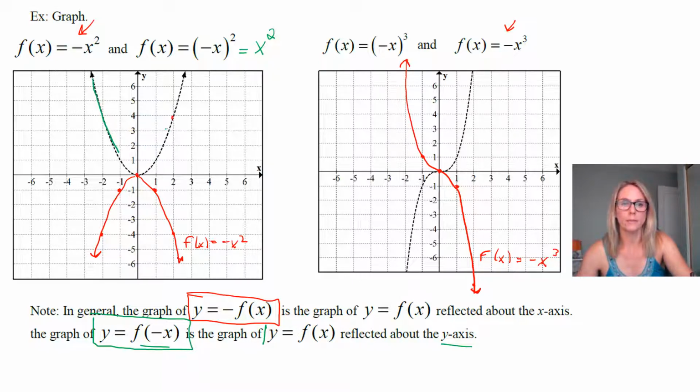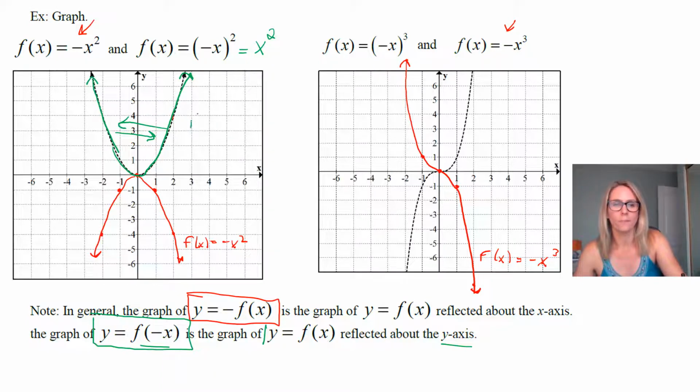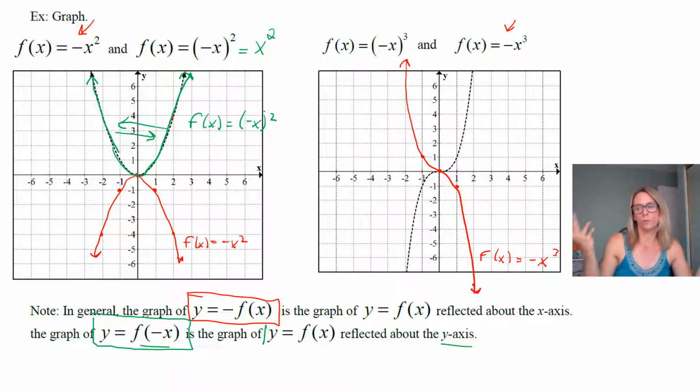So this side becomes this side, it flips over the y-axis. This side becomes that side, flips over the y-axis. So it just ends up giving you the same thing that you started with, but all the sides have gone to the other one. So this is basically f of x equals that negative x squared. It's a reflection over the y-axis.